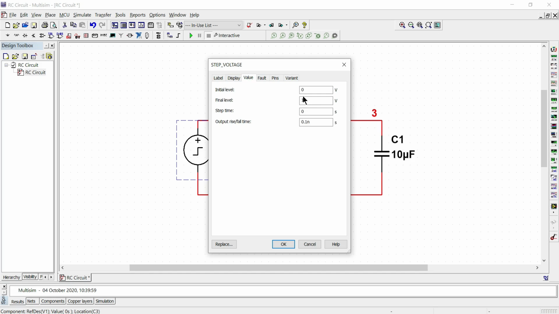I have set it to 0. The signal after the step, that is the final level, is set to 10 volts. The duration of the step is set to 0 seconds. Since I don't want any delay in the signal, I have set the output rise or fall time to a value as low as possible. Then press OK.